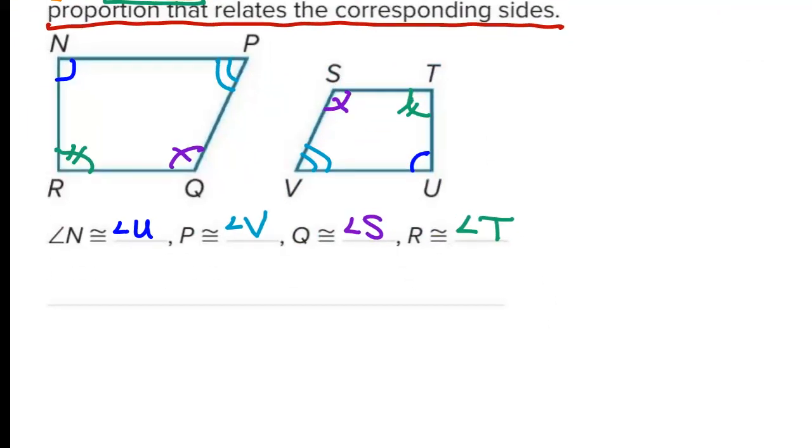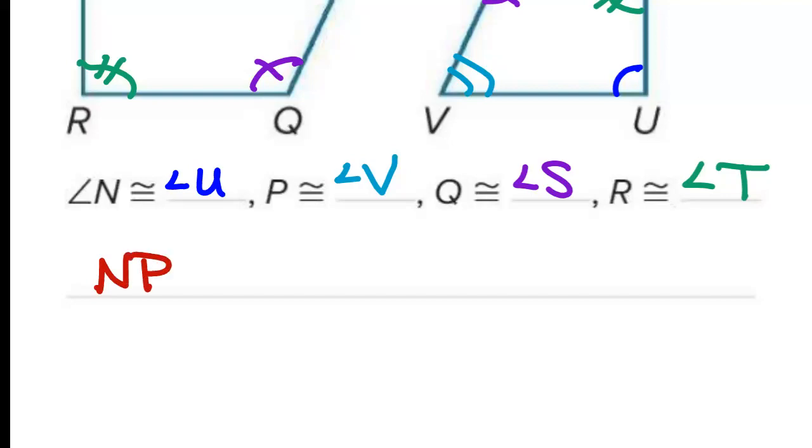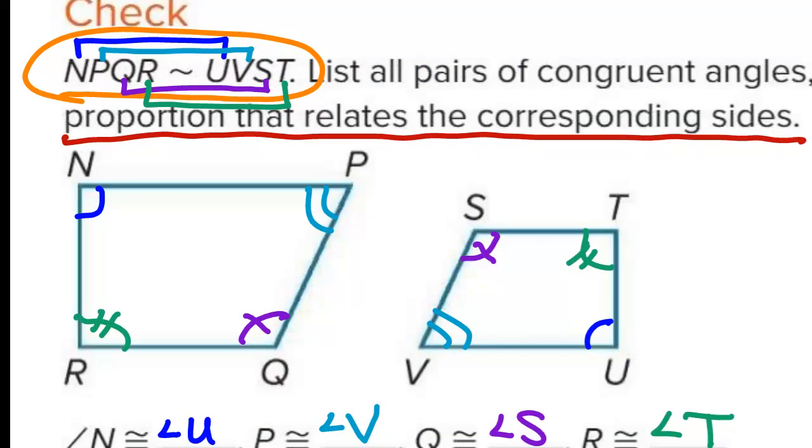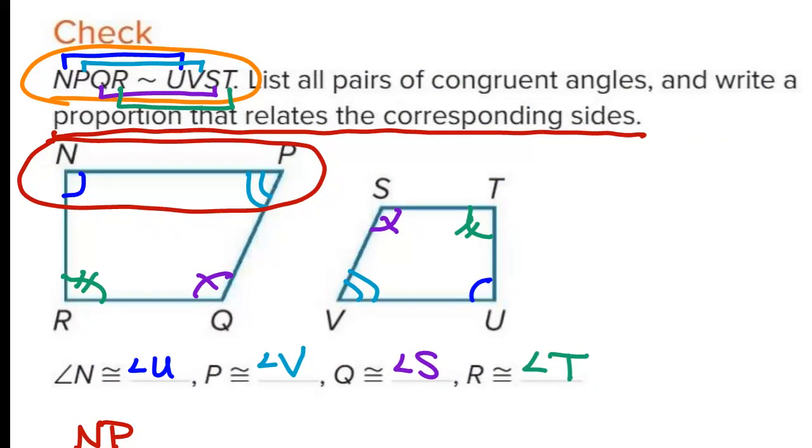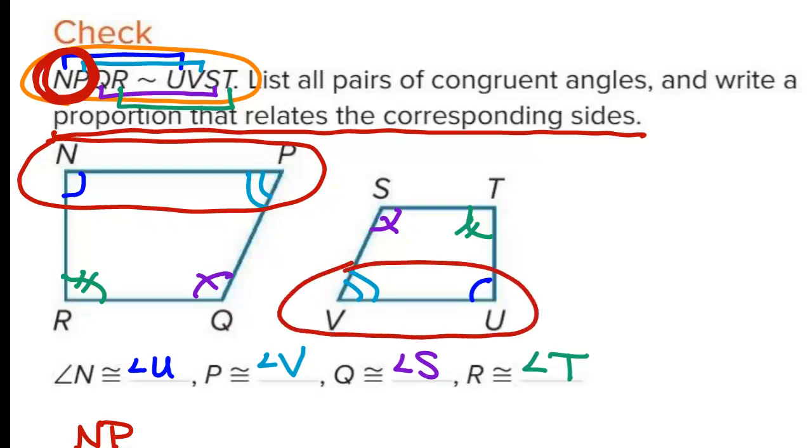So I'm going to have NP in my numerator over, when I look at side NP, because I marked my angles all up, I noticed that N has just the one congruence mark on it and P has two congruence marks on it. It's also the first two letters right here in my similarity statement. That's going to correspond to what side on the other trapezoid? UV. One congruence mark, two congruence marks, first two letters here.